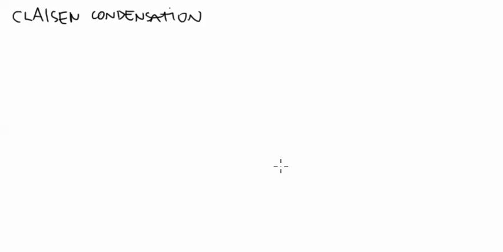So first, the Claisen condensation is going to require 2 esters. So I'm just going to go ahead and draw down 2 esters that we want to use. So CH3, CH2, C double bond O, O, and CH3.